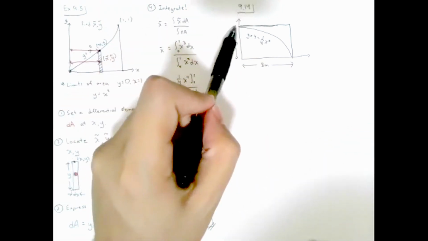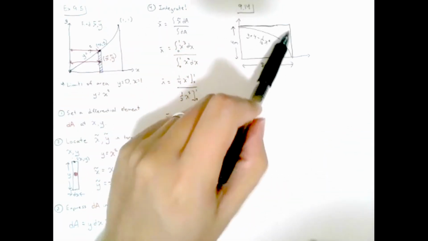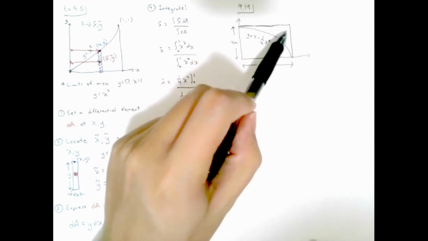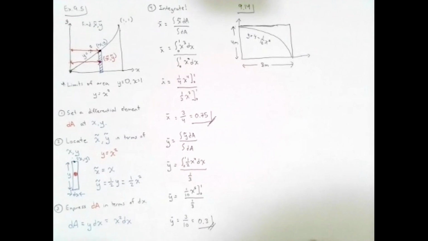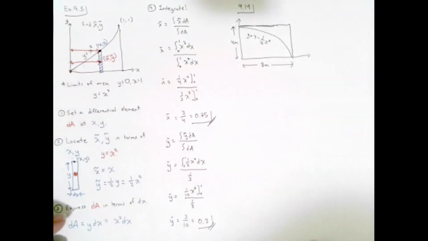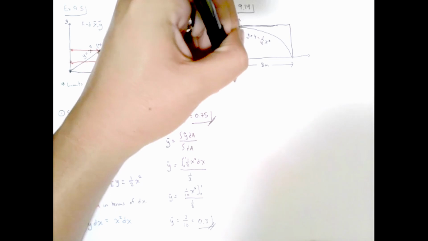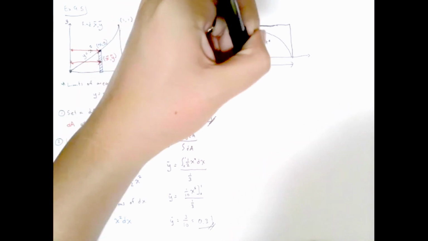And our shape is bounded by these 3 curves. In other words, this is my shape, not this, but this. And we want to find the centroid of that shape. In other words, we were asked once again to locate the centroid in this shape. So we're going to locate x bar and y bar.